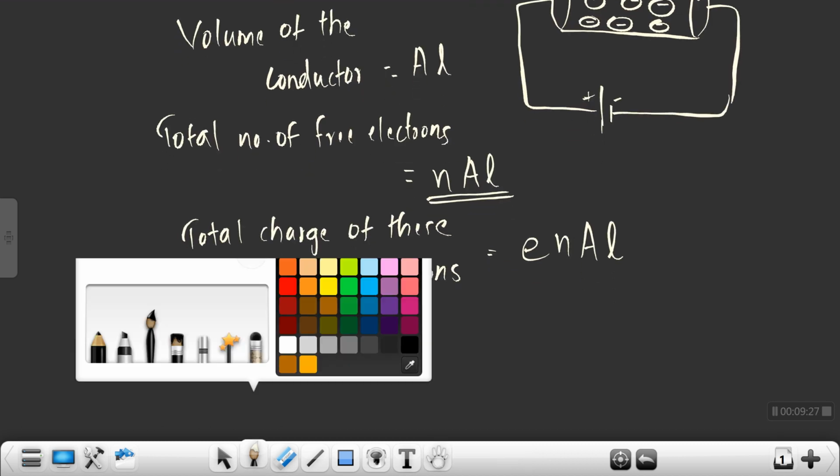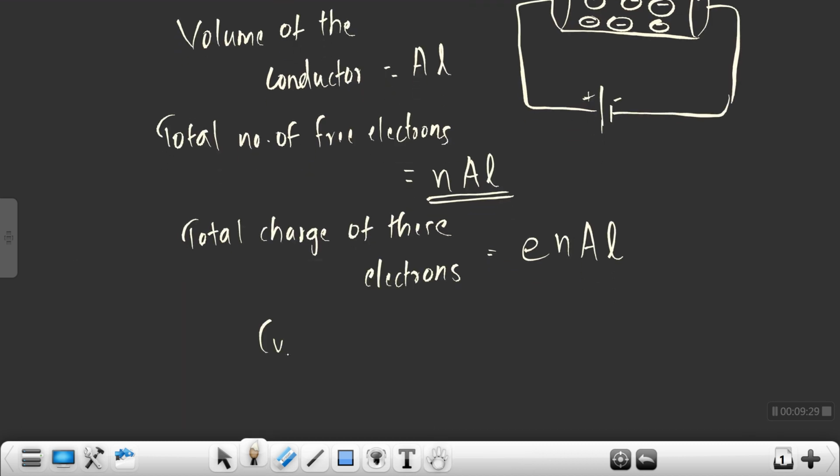Then what is the equation for finding current? We know that current I is equal to Q by t, that is charge by time.